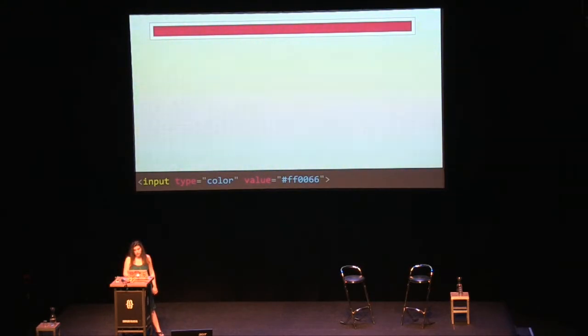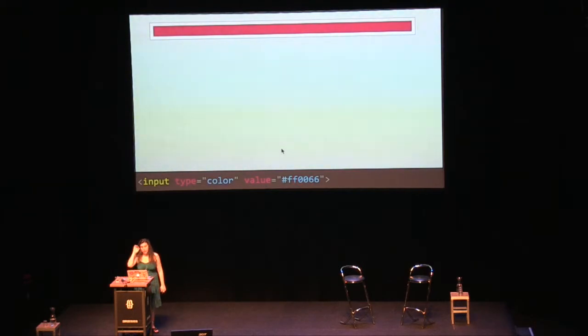Sadly, it only supports values in 6-digit hex, so this will not work. It just shows black. Sadly, also things like these will not work, which sucks because I love HSL colors, but what can you do?